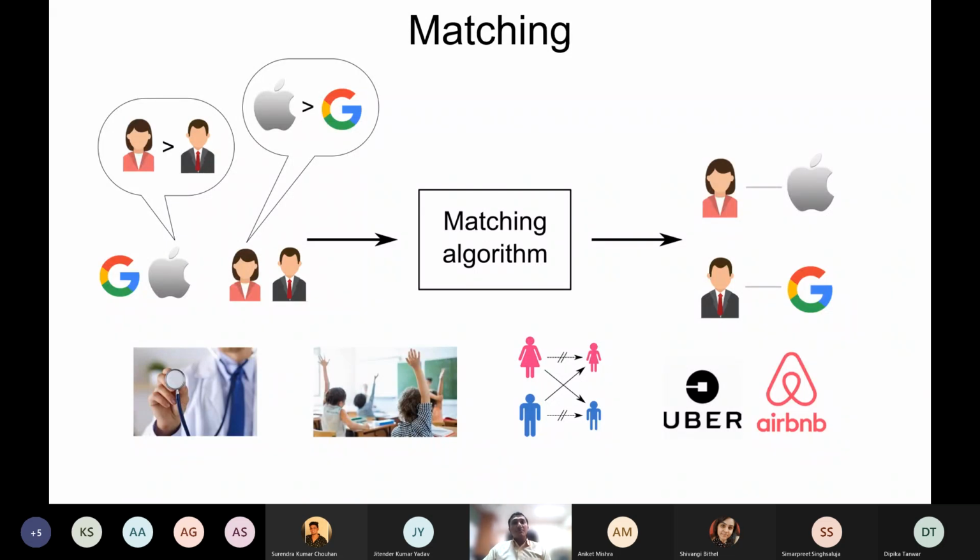Sometimes people who are in need of organs are able to find willing but incompatible donors, and matching algorithms help you conduct these cross exchanges. We are going to look at this in the course. These are known as kidney exchanges. And of course, matching is used very heavily in marketplaces such as Uber and Airbnb.